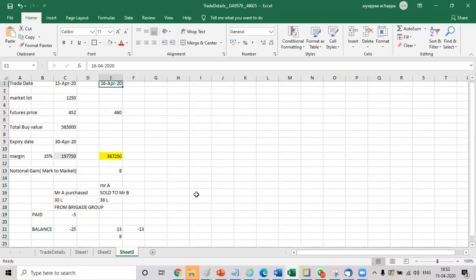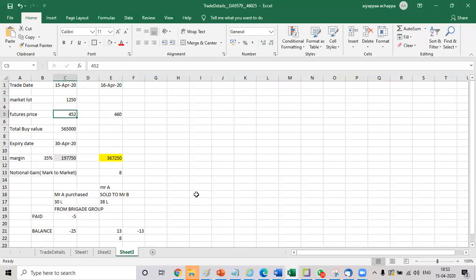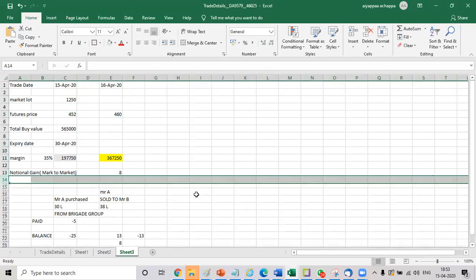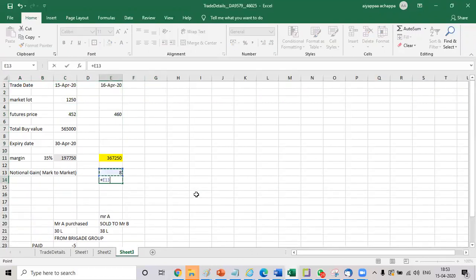So the same logic applies here. You buy at 452, you can sell it to someone at 460. Then these 8 rupees which you earned, into 1,250, 10,000 rupees will be given along with the 1,97,000 which you paid.